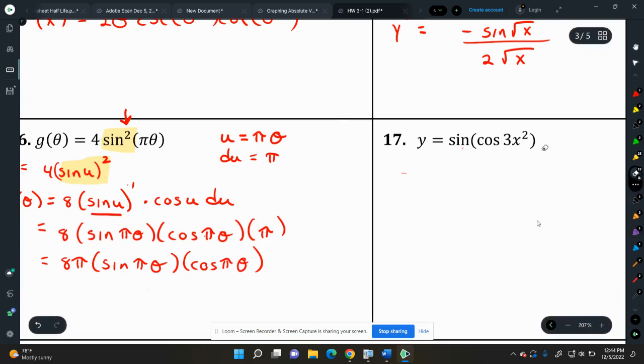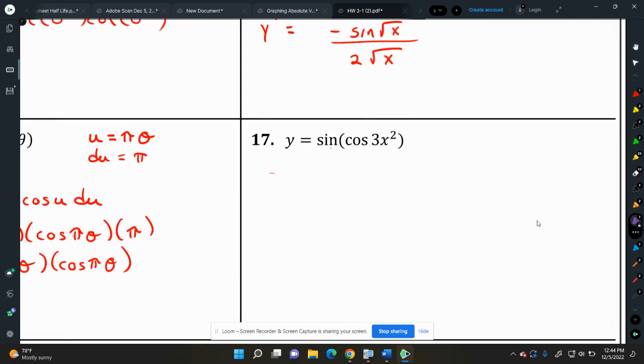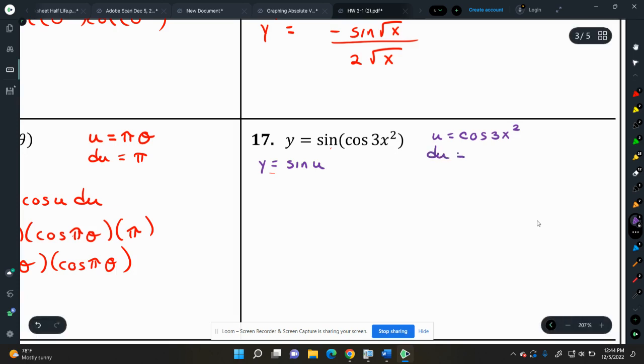Okay, so this one you really need to use the u substitution. So what's our u going to be? I was going to make u cosine 3x squared, because then I can write this as y equals sine u. Now we've got to do du, outside, inside, right?